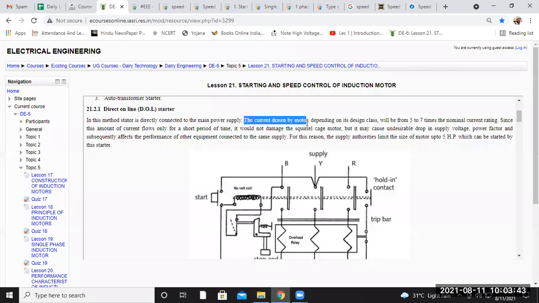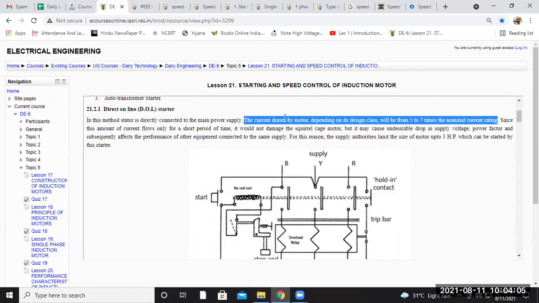Second point, the current drawn by the motor depends on its design class, whether it is a small size or large size induction machine. Based on that, the nameplate will be there. Accordingly, the current with this direct online starter is 5 to 7 times the nominal current rating.